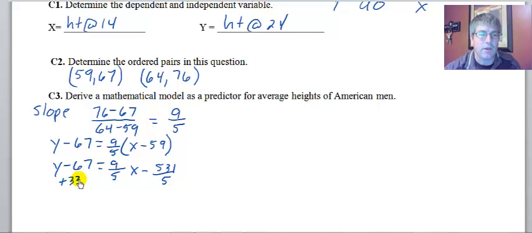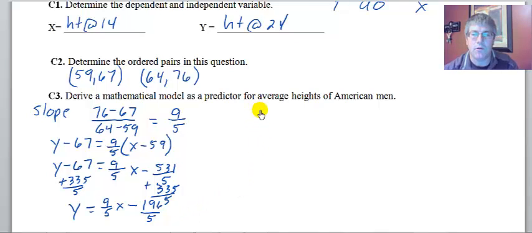So I will add 335/5 to both sides. It's just 67 in terms of fifths. And we get y equals 9/5 x minus 196/5.